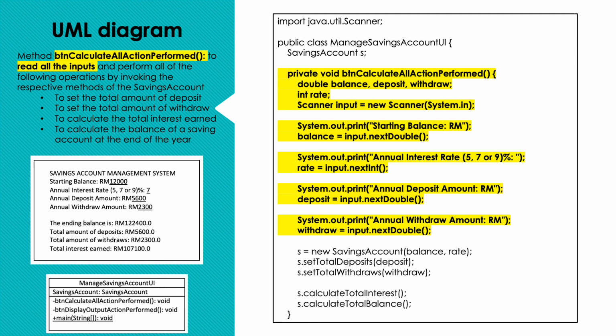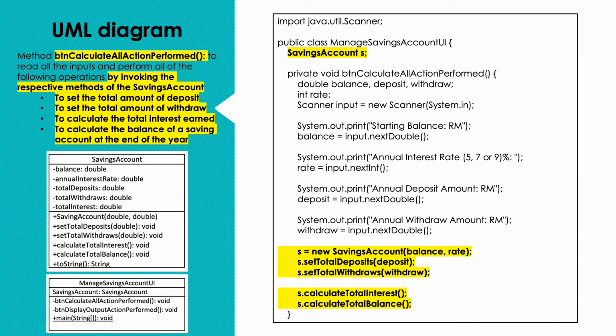The first one asks the user to enter the starting balance, annual interest rate, annual deposit amount, and also annual withdraw amount. So I have balance = input.nextDouble, rate = input.nextInt, deposit = input.nextDouble, and withdraw = input.nextDouble.